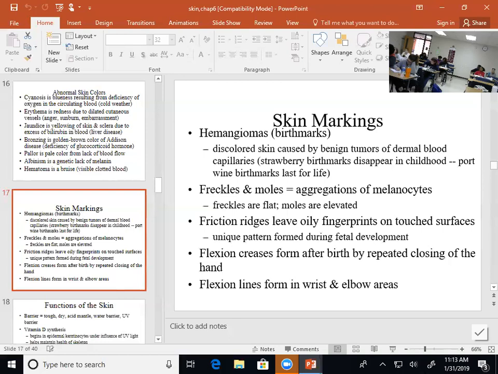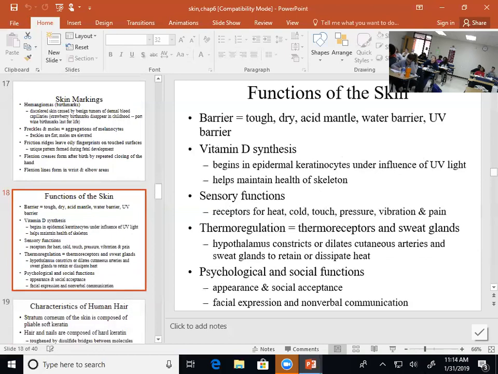Healthy term babies are born with creases, aren't they? And those creases should be bilateral. If they're not in the legs, what could it suggest? Hip dysplasia, right? Or if the buttocks don't look bilateral, could that be dysplasia of the spine or deviation in the spine? It could. So you just look for those creases because we are bilateral. That's the only time I would think to even think about that.